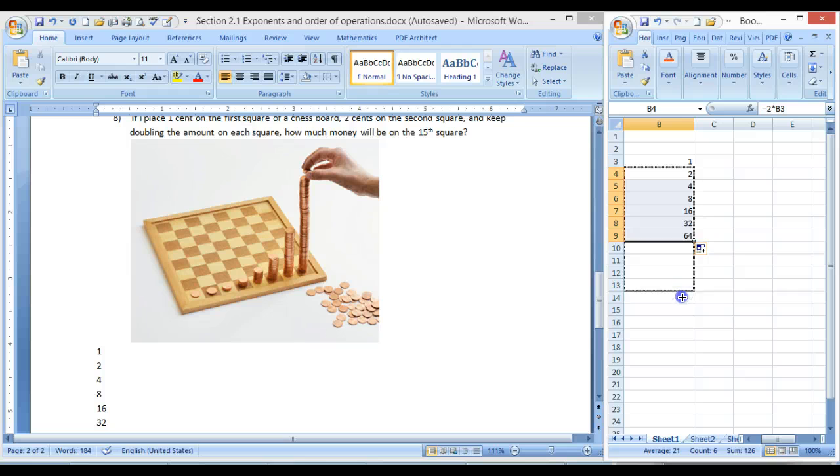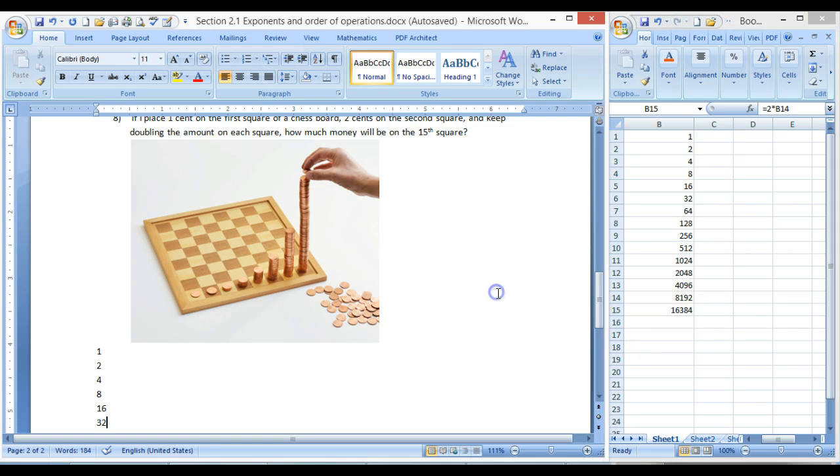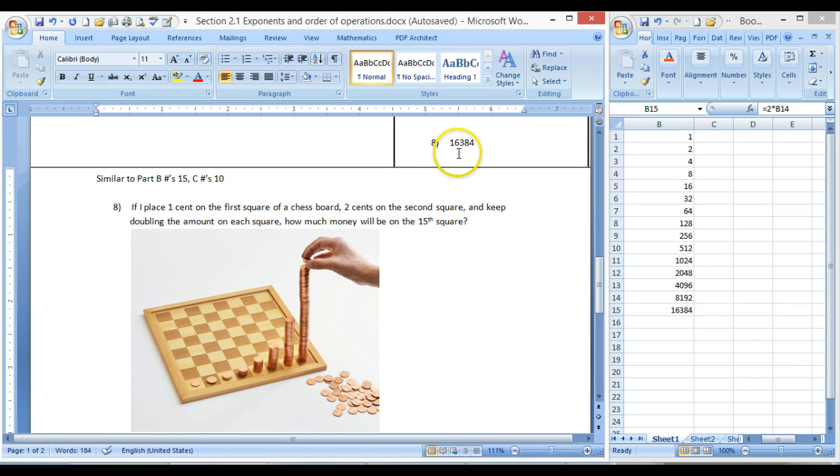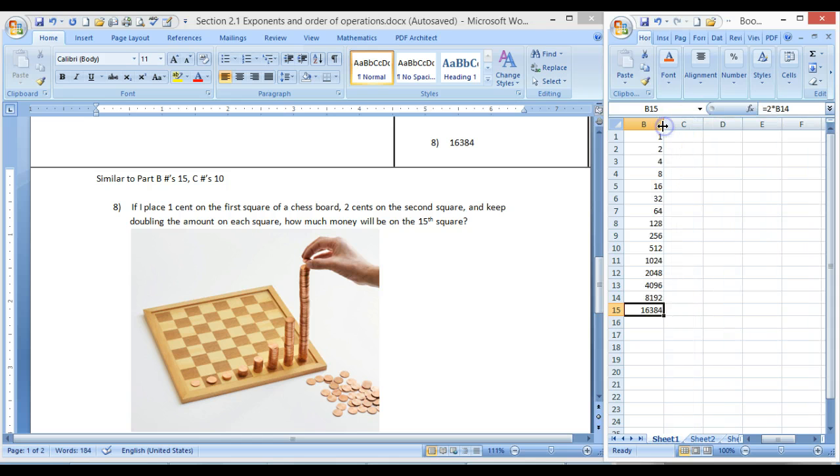I need to know what's on the 15th one. Oh, I started that at 3, so I'm going to bring it up to the first one. There we go. Oh, and I stopped exactly at 15. So my answer is, yep, 16,384.